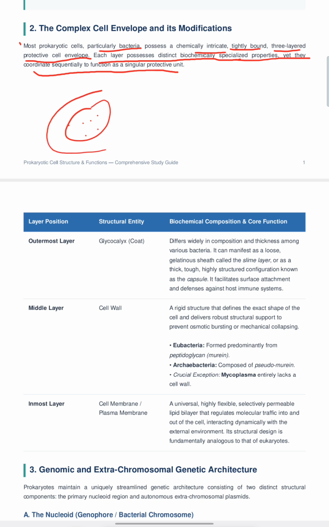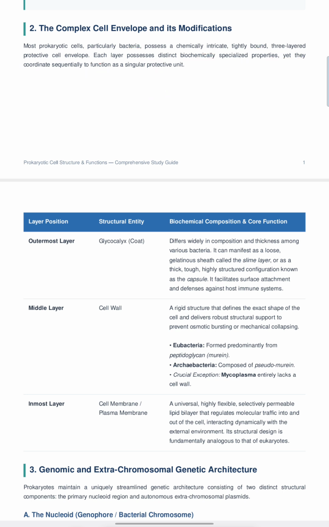Suppose this is the cell wall. This cell envelope consists of a three-layer structure: glycocalyx, cell wall, and plasma membrane.